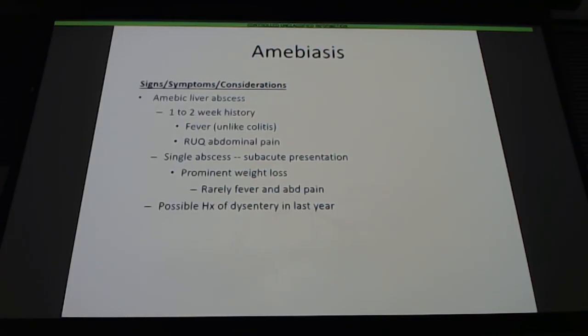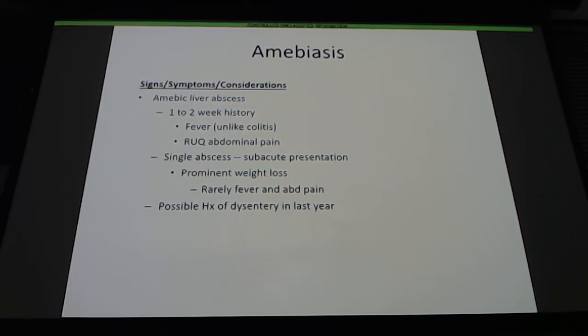And it will continue to grow. A lot of times, it's a subacute presentation. If you remember what subacute means, it just means that it's developing really, really slowly. And when things develop really slowly, the body may not react to fight against it. So that means that little abscess is going to continue to grow unchecked.